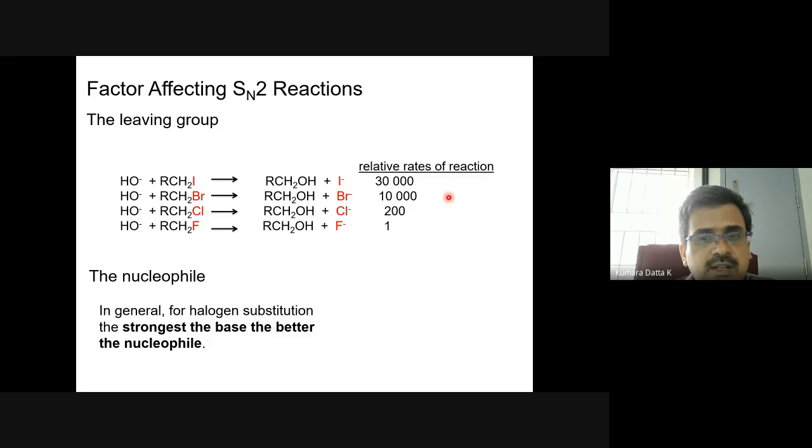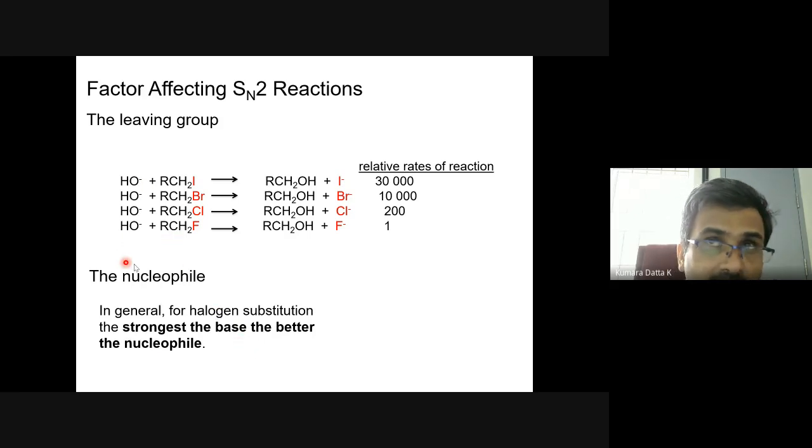So I guess many of you are already clear on this part. If you have a very strong leaving group, the rate of the reaction is very quick. For the halogen substituted compound, if you have a very strong base, you will have a better nucleophile.